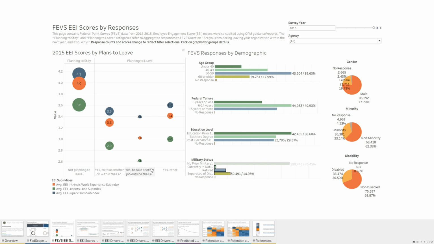But they're showing pretty low scores when it comes to how they feel about their leadership. That's not so great. Overall, they're pretty happy when it comes to their direct supervisors, as well as their actual work experience. But especially when we get into those people who say they want to leave, we're seeing the lower leadership scores. We are probably going to want to ask employees about this, address any concerns that they might have, so we're not losing good people.